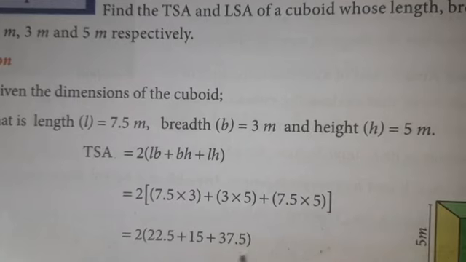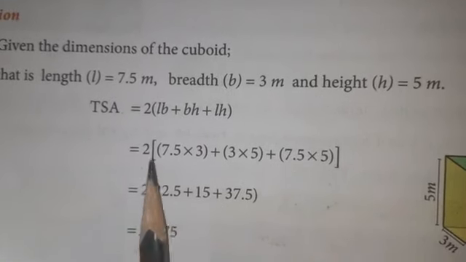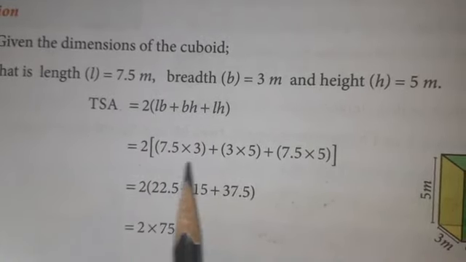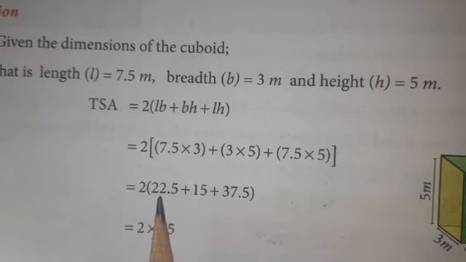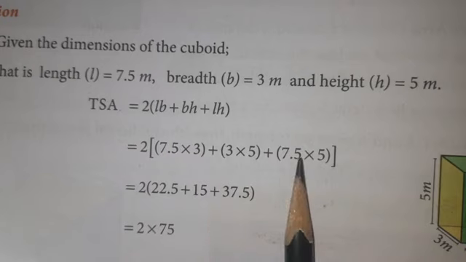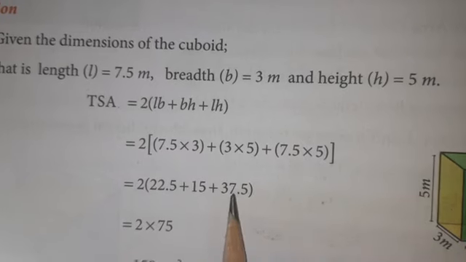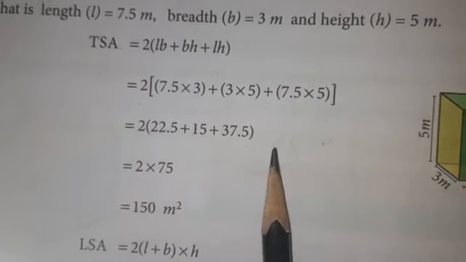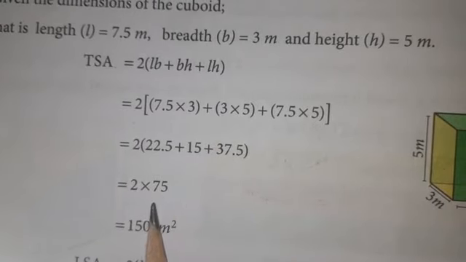Then close the bracket. Is equal to 2 into, you multiply and write, 7.5 into 3 is 22.5 plus 3 into 5 is 15 plus 7.5 into 5 is 37.5. Then you add this. When you add, you will get 75. After that you multiply. 2 into 75 is 150 meter square.